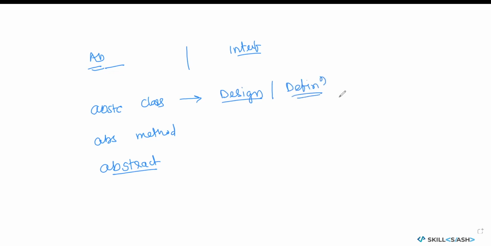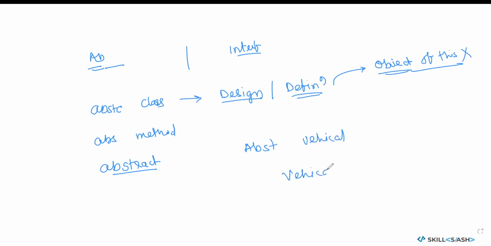What is definition purpose? That means you cannot create an object of this class. With an abstract class Vehicle, I cannot write Vehicle v equals new Vehicle. I cannot create this.